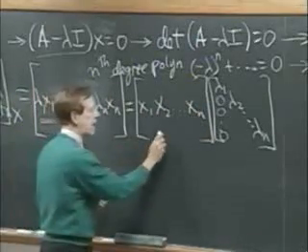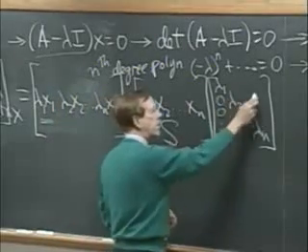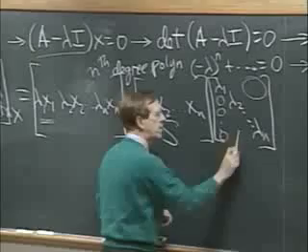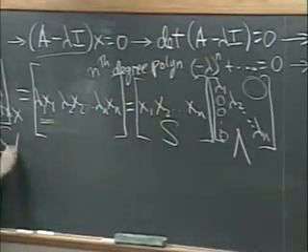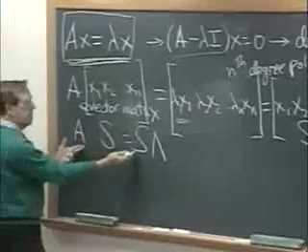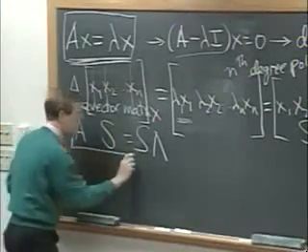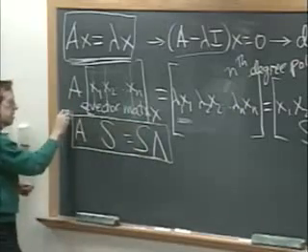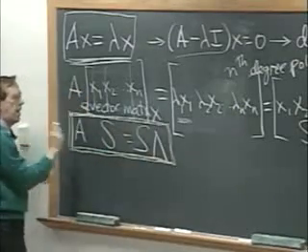So this is my S again. And this is my eigenvalue matrix, all zeros off the diagonal, called capital lambda. We get this nice equation, this is just the matrix form of that. Maybe I put two squares around it just to emphasize that it's really the same thing, doing all n at once.